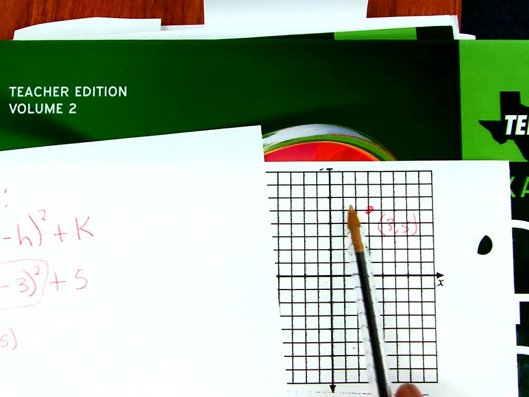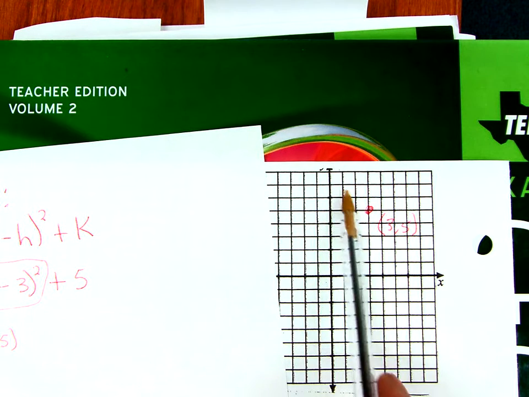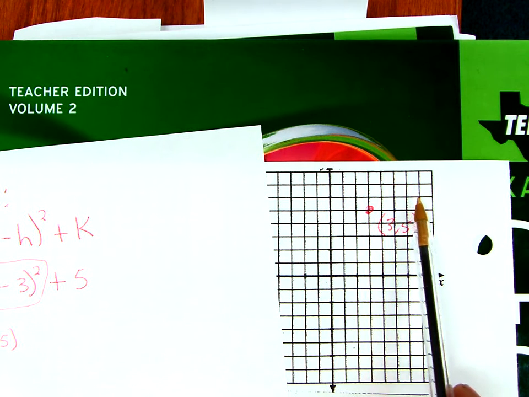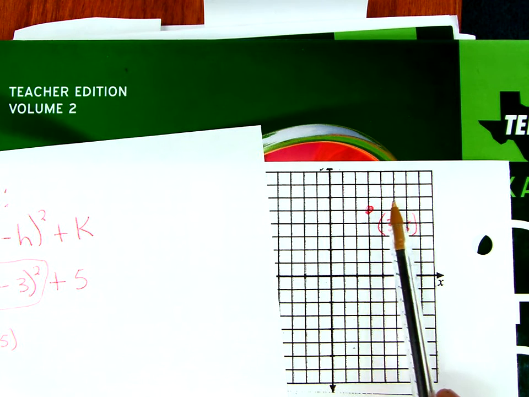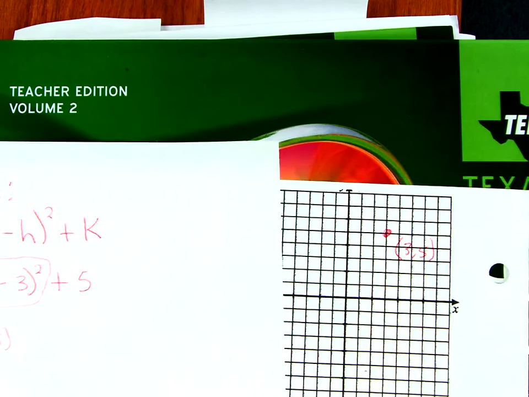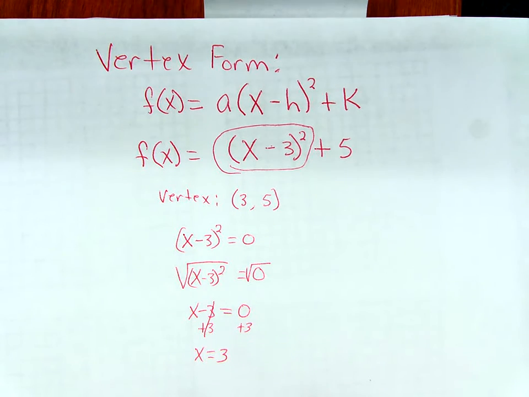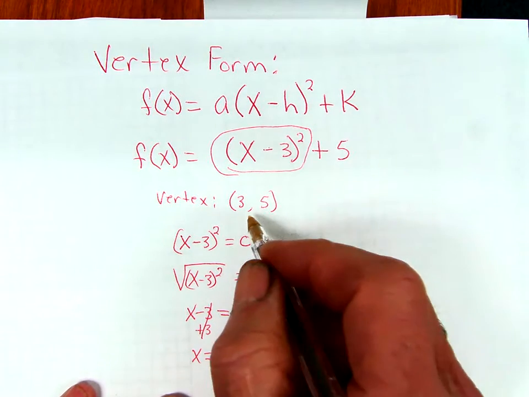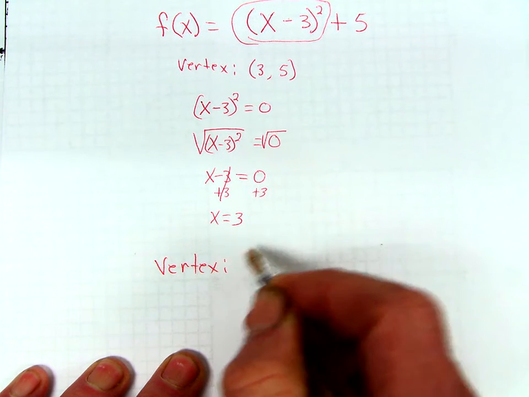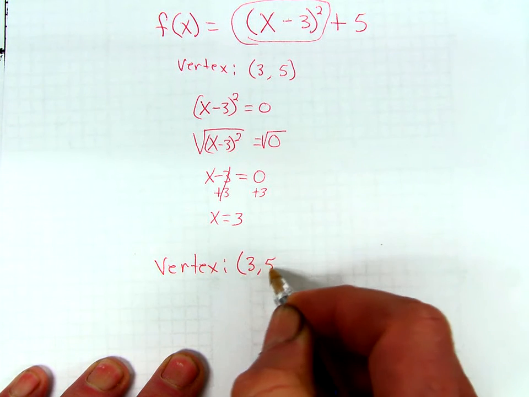If I get 2 points to the left of the vertex, I'm not going to be able to complete the U shape. If I get 2 points to the right of the vertex, I still won't be able to complete the U shape. I need 1 point to the left, 1 point to the right. The easiest way to get those 2 points is to go back to your vertex. It was 3, 5.